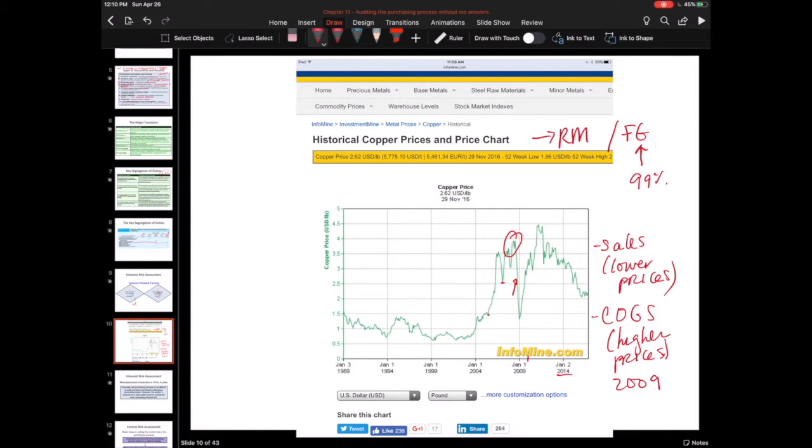So they basically sold the same in volume, right? In terms of copper pounds sold, it was the same as 2008, but sales was at a lower price, COGS was at a higher price.